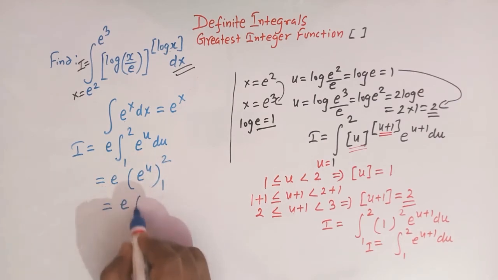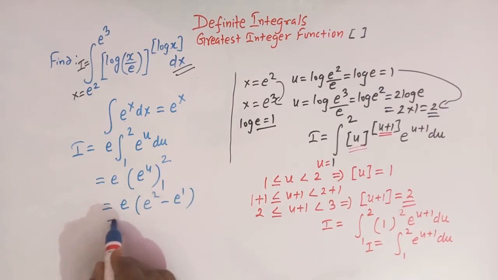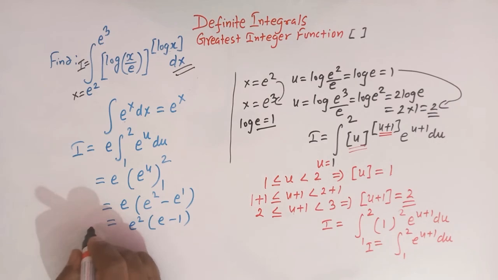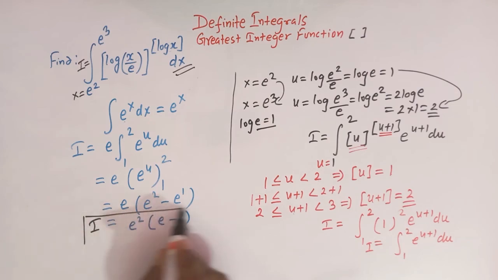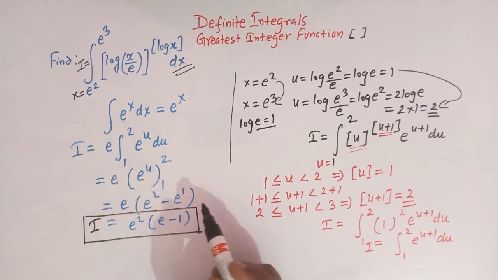So we have e square minus e raised to 1, and we can take one more e common, so we have e square times e minus 1. So the value of this integral I comes out to be e square times e minus 1, where e is the famous exponential number. This is how we solve this important definite integral.